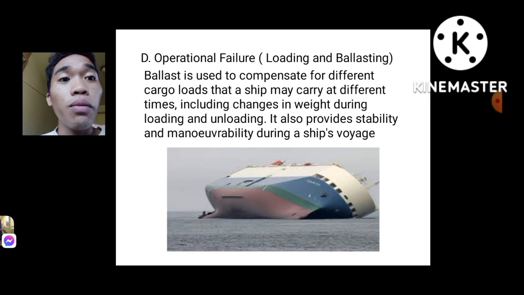So, operational failure by loading of ballast and ballasting. Ang pasabot ani is kanang pagmali ang pagload sa mga cargo or ballasting, na namali pag loading o unloading sa ballast mao ni natumba ang ship, mao ni isa sa failure.